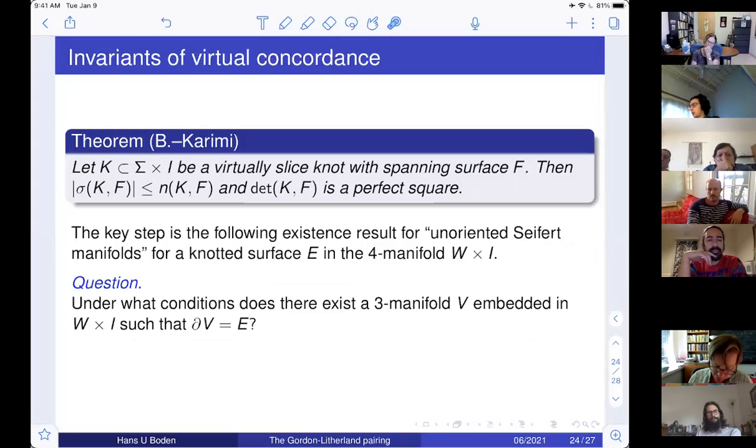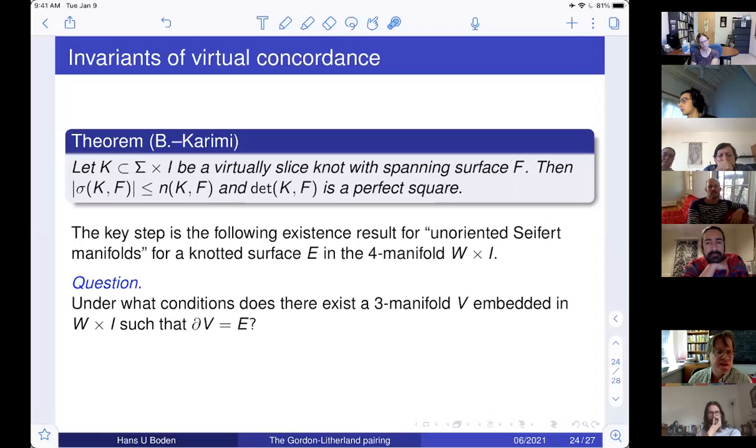And our theorem here is that if your knot is virtually slice with spanning surface F, then the signature is bounded above in absolute value by the nullity, and the determinant is a perfect square. These are the familiar conditions from classical knot theory, right?